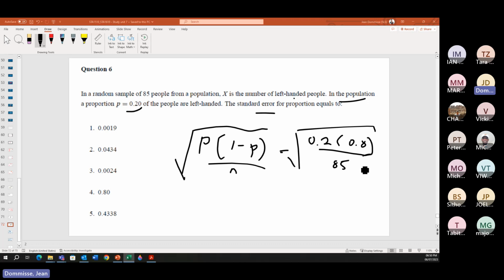So if we only used that portion within, this would have been our answer, but we need to square root it. If you square root that answer, we get 0.0434. So that is your correct answer. If we didn't square root, that would have been your answer again. You probably would have gotten 1 or 2 instead of the full marks.